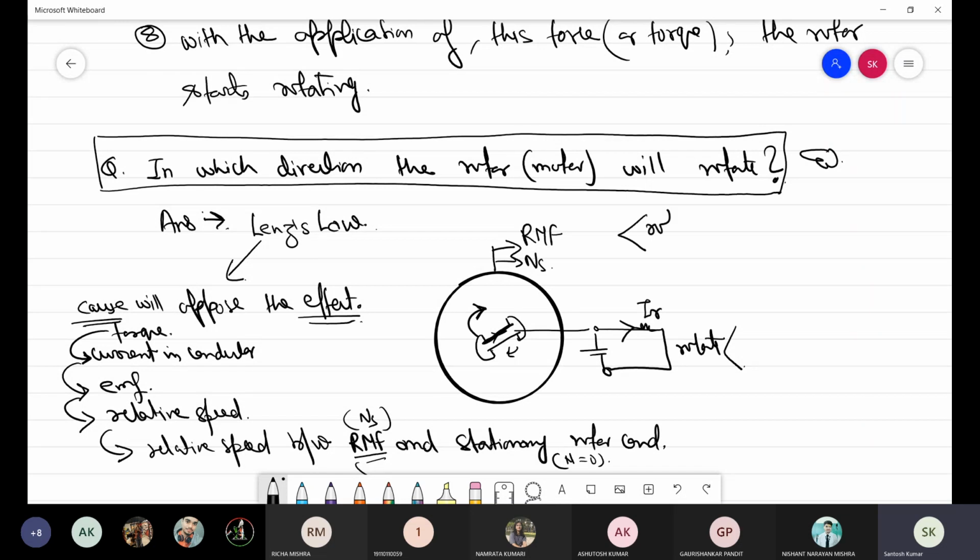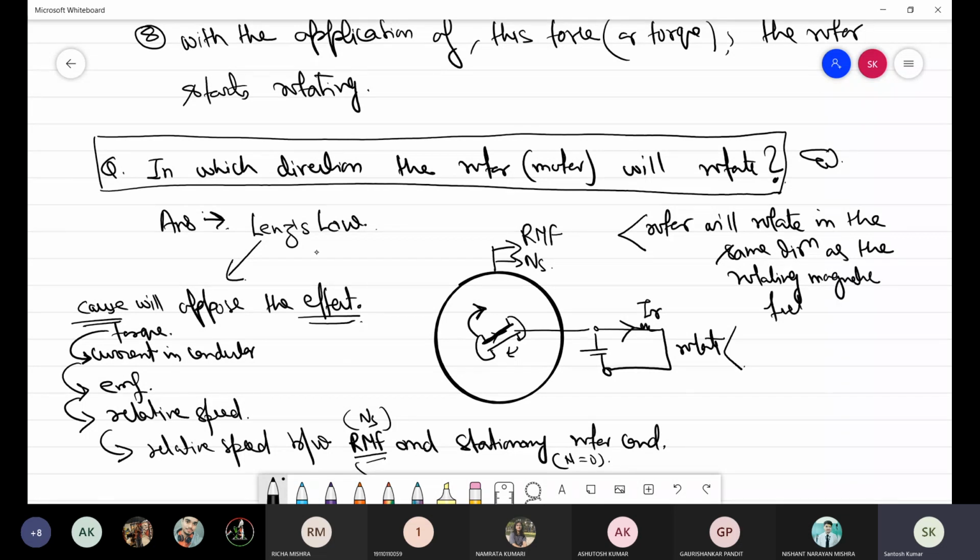So the rotor will rotate in the same direction as the rotating magnetic field.